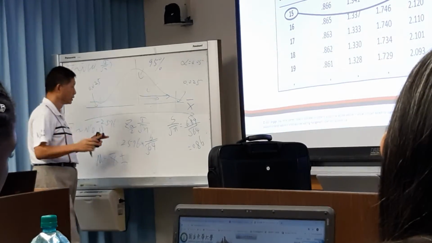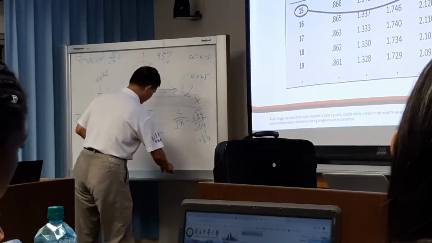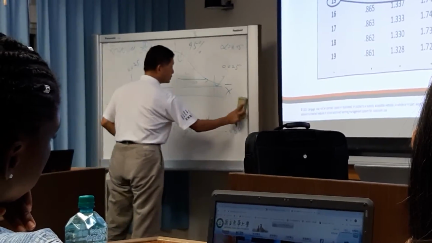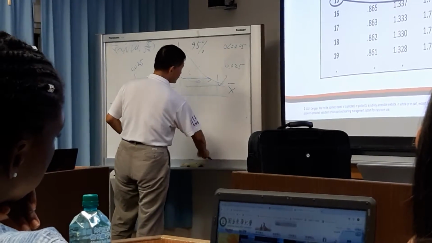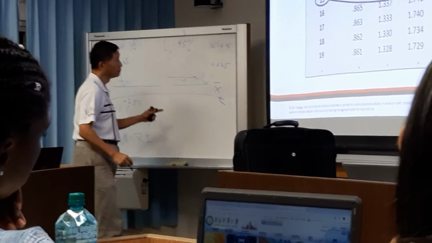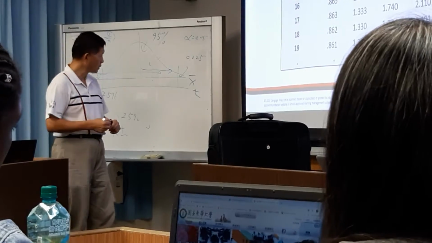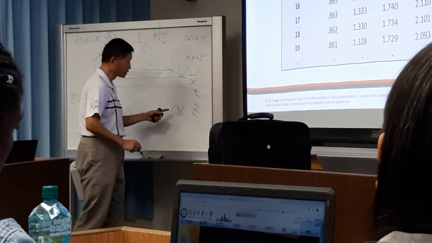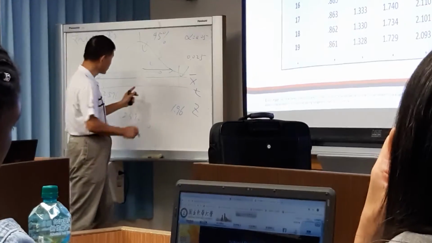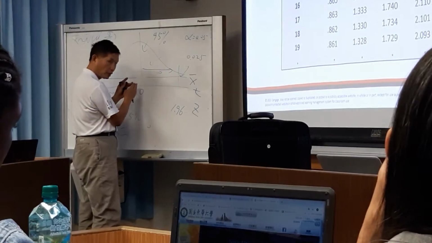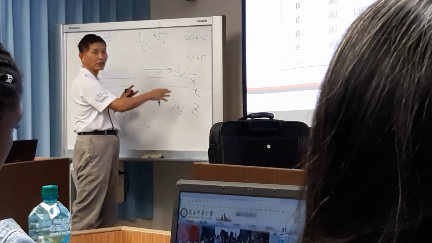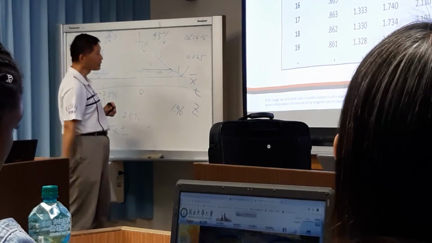This is not Z anymore, it's T. For Z, the value is 1.96, the number of standard deviations from the mean to the 2.5% upper tail.